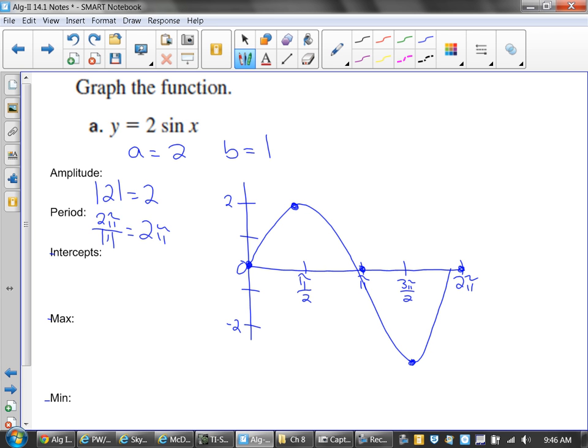What are your intercepts? Yeah, your x-intercepts are at 0, pi, and 2 pi. On a non-shifted one, yes. But remember, it depends upon the period. If the period was different, then the intercepts would be different. When the period is 2 pi, yes.